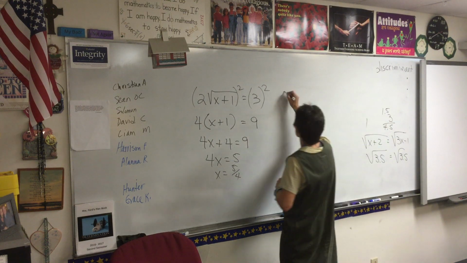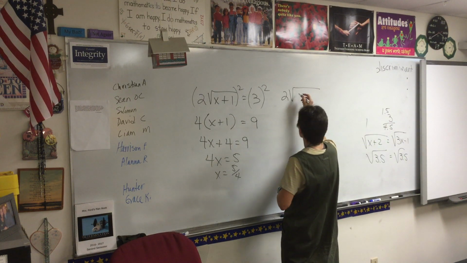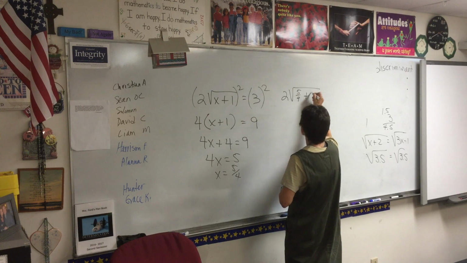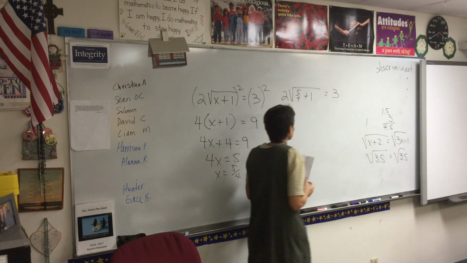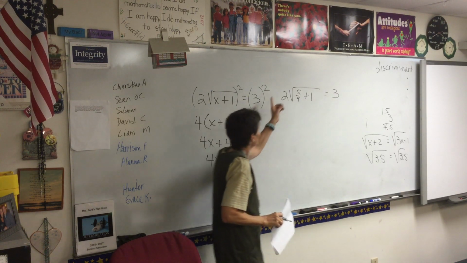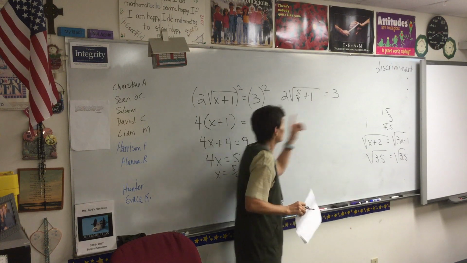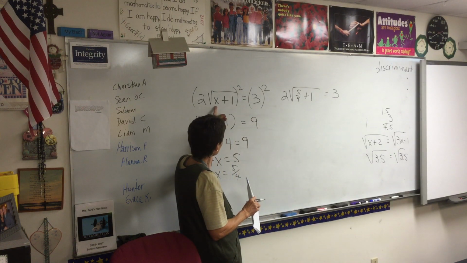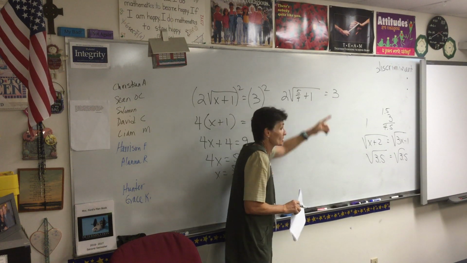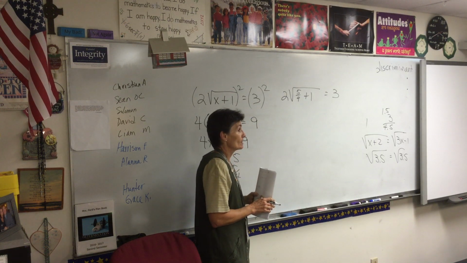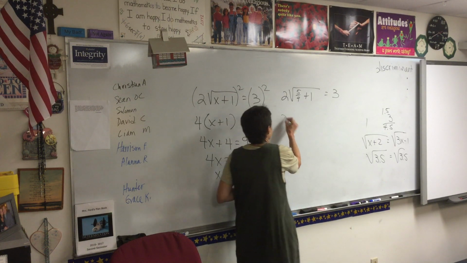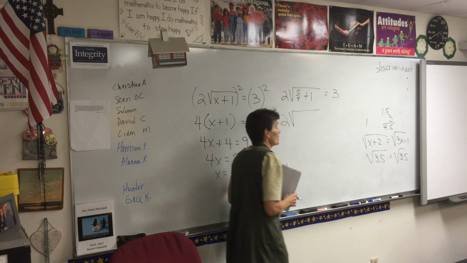All right, so I'm going to write down what I've got since it's a little more complicated. So 5/4 plus 1. This is supposed to work out to be 3. If this is a good answer, when I put 5/4 in there, that's going to work out to be 3. I'm going to leave this one as a fraction, and you'll see why.